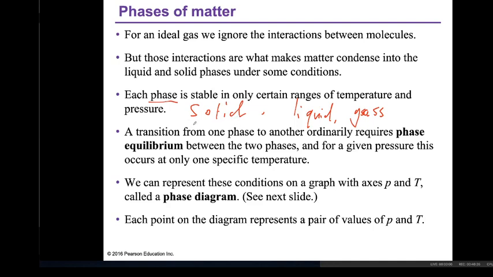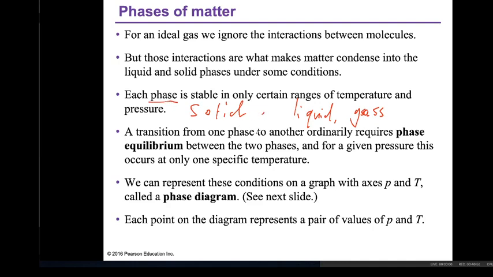For example, sometimes water is in solid phase, it's ice. It could be stable in a certain range of temperature and pressure. For example, at atmospheric pressure, when the temperature is below 0 degrees Celsius, the phase of water is solid, it's ice.